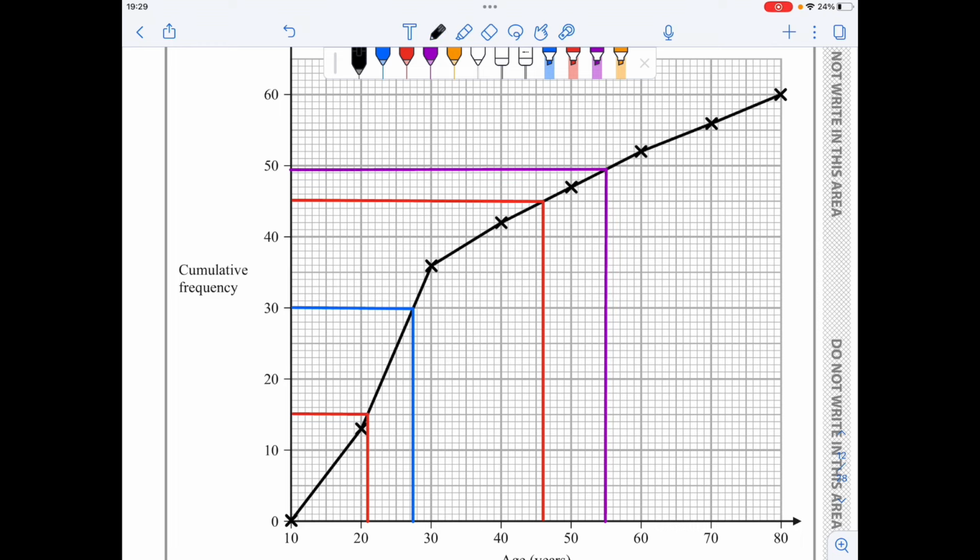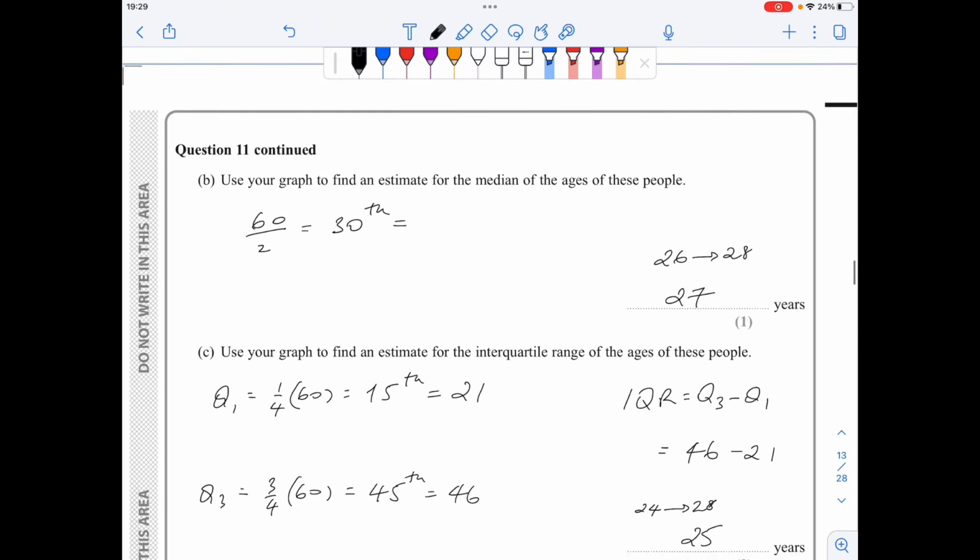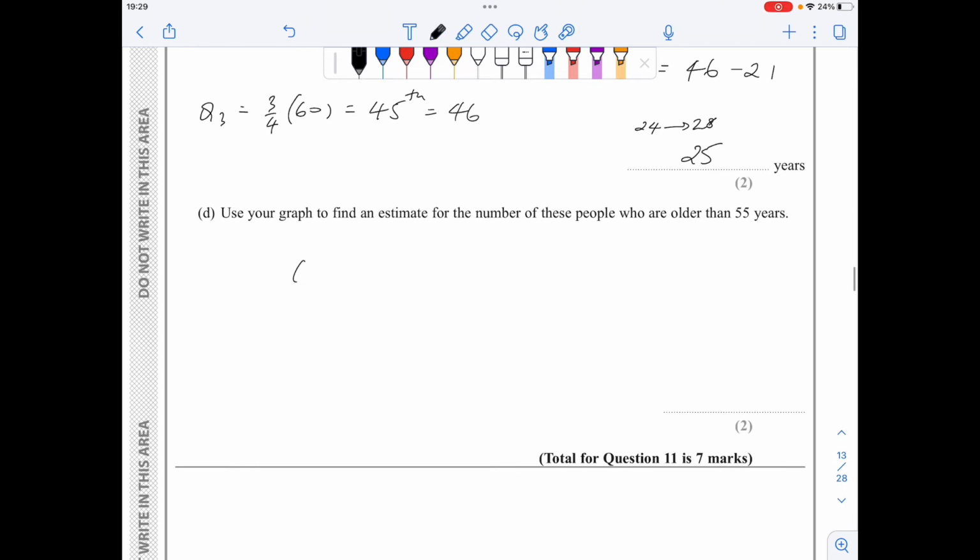So I get something about 49. So if I do the subtraction, 60 minus 49, I get a value of 11. The mark scheme accepts an answer of 10 or 11.